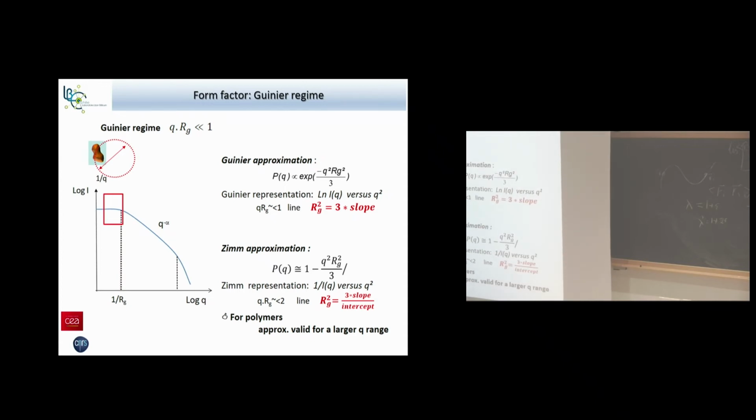And depending on the shape of the scattering intensity, this will be a straight line longer, at larger Q value. You can go to Q Rg about 2 sometimes in some cases. But the closer Q Rg is to smaller than 1, the better the accuracy of your measurement.